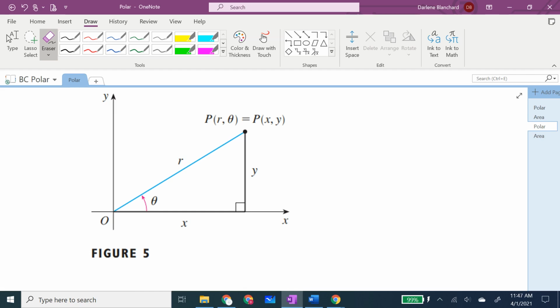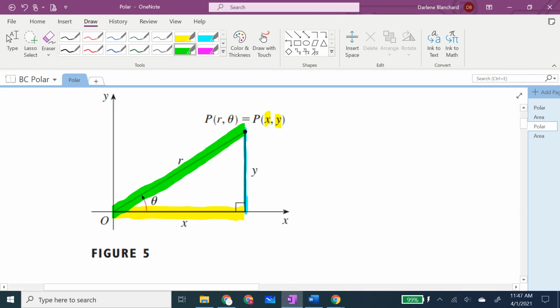It's a right triangle. Do you know formulas for right triangles? Yes, you do. When I look at the Cartesian point x comma y, while I'm in quadrant 1, mind you, that's giving me the length of that leg for x and the length of that leg for y. R is giving you a hypotenuse length, and then there's a theta.